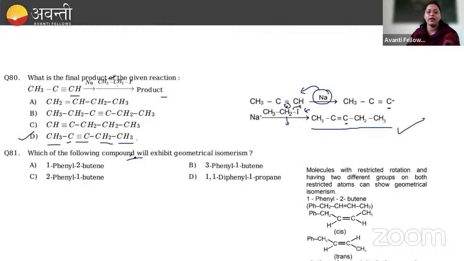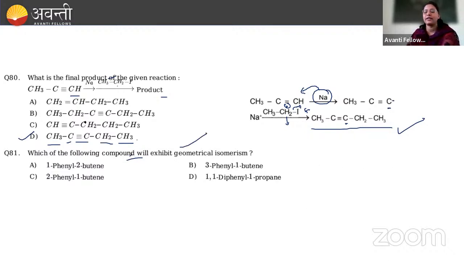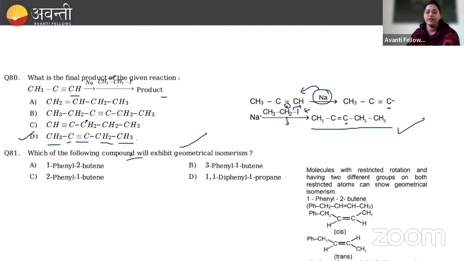Next problem, which of the following compounds will exhibit geometrical isomerism? You know geometrical isomerism, cis and trans, right? We need to consider cis and trans here. The options are 1-phenyl 2-butene, 3-phenyl 1-butene, 2-phenyl 1-butene, and 1,1-diphenyl 1-propene. So the molecules containing a double bond: 1-phenyl 2-butene, you can see the structure of it. 1-phenyl, CH2, CH double bond CH, CH3.